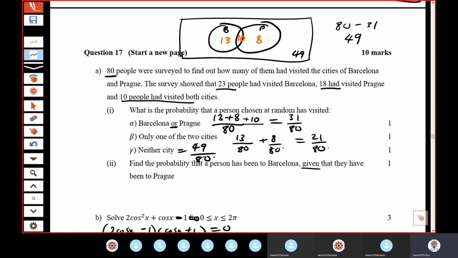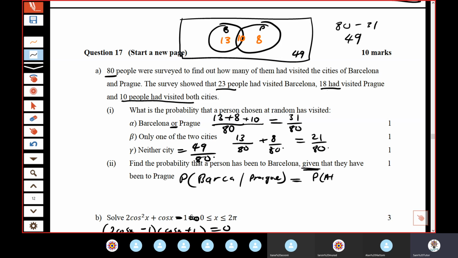And then find the probability that a person has been to Barcelona given that they have been to Prague. So that means find the probability of Barca given Prague. And the way we do that is it's the probability of them combined over probability of Prague.